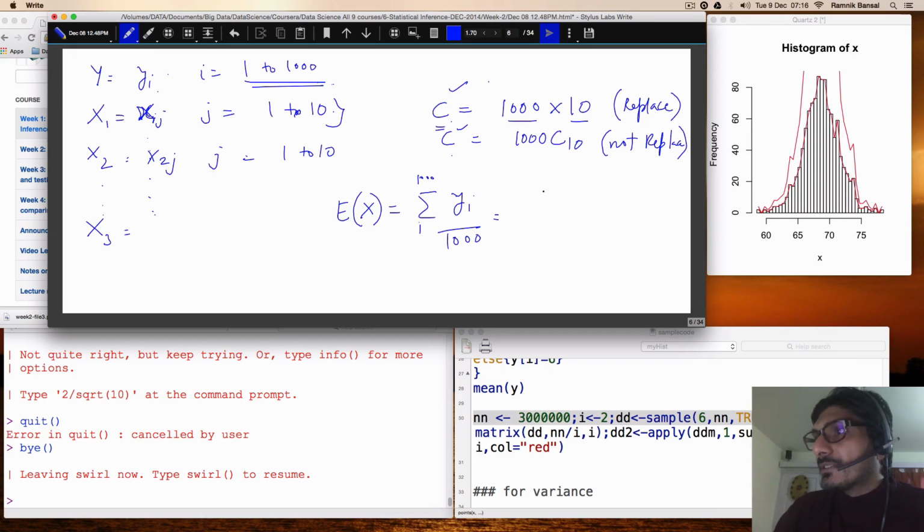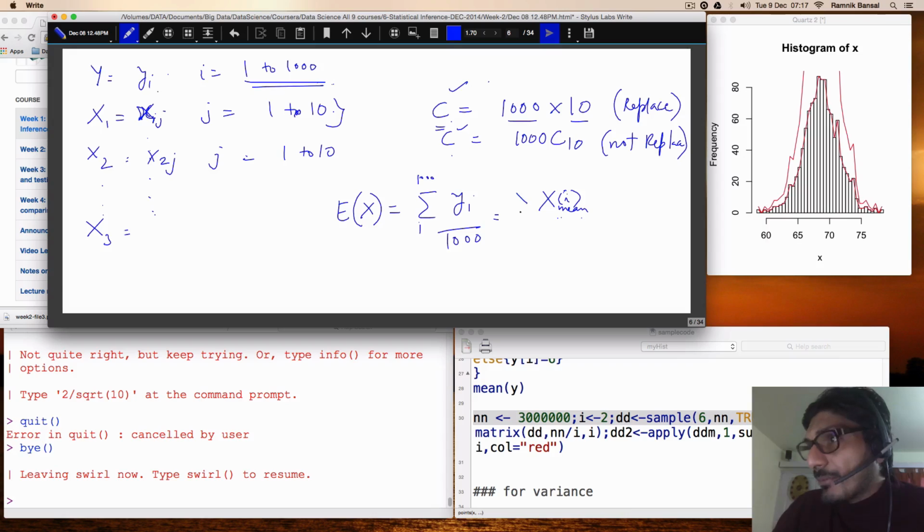Let me call it X mean, all right? And then X mean of I, right? So ith sample, let's call it ith sample. So I'm taking the ith sample and I'm taking the mean, all right?